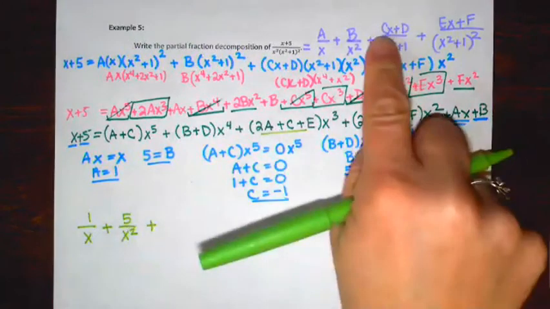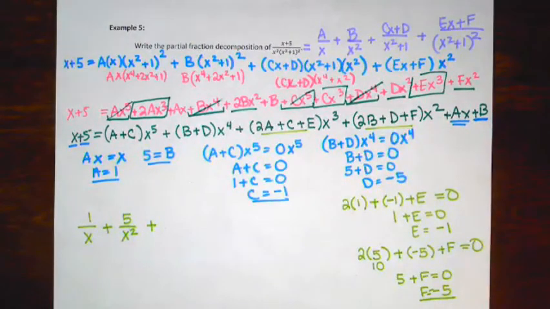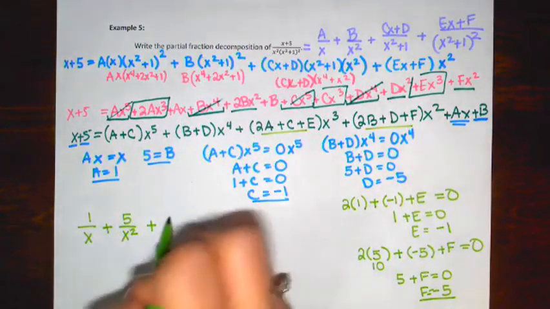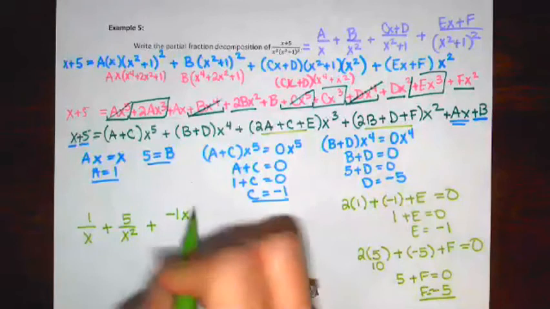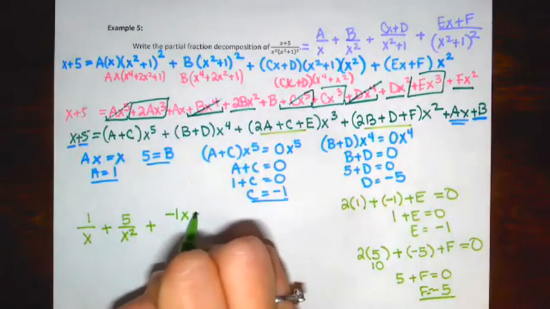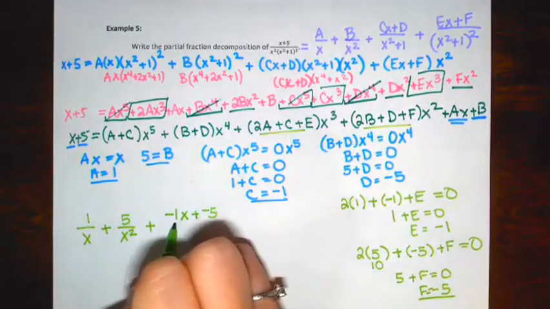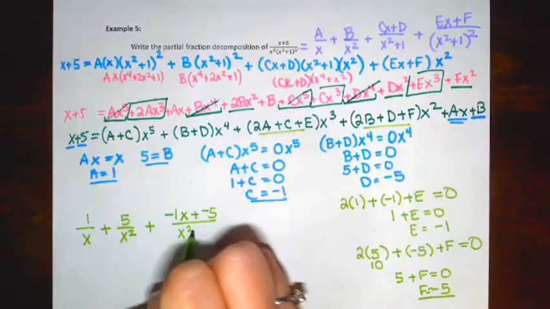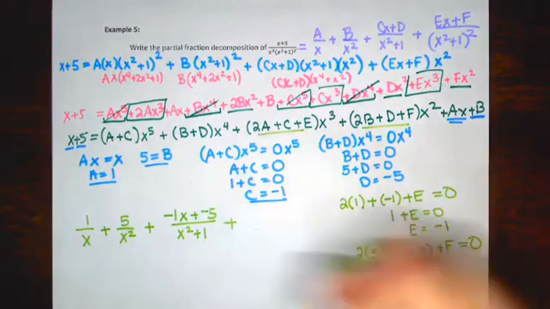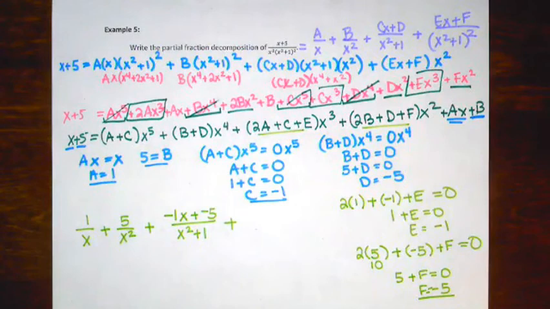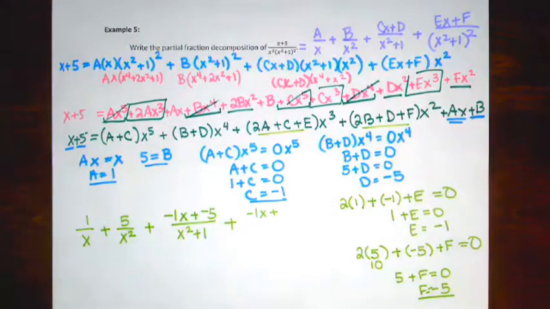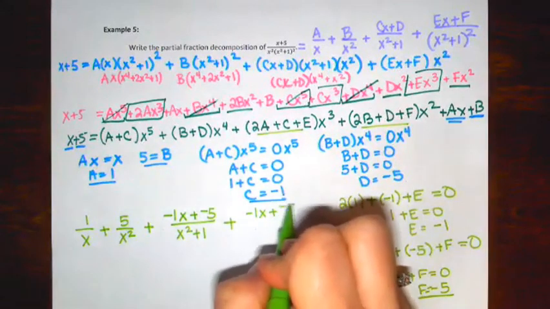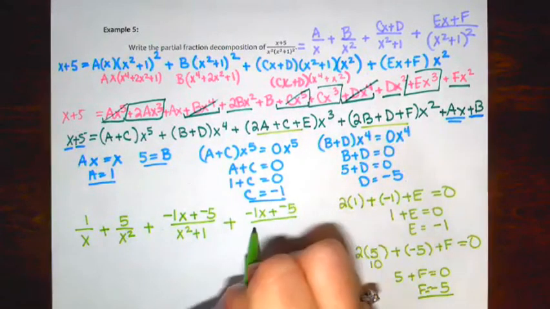Plus, what's my c? -1, so -1 x. What's my d? -5, so -5, over x squared plus 1. Plus, what's my e? -1x. Plus, what's my f? -5, over x squared plus 1 squared.